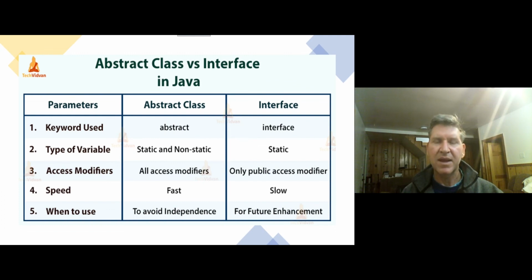We want to make sure that the methods we've created in the parent class, for example, remember with generic item and perishable item, the weight, the height, maybe a UPC code, are all in the generic item, and we don't redefine those methods because we're going to use them for other classes or objects that we create. So interfaces are used for future enhancement and also for the reasons we talked about on the earlier slide: security and multiple inheritance.